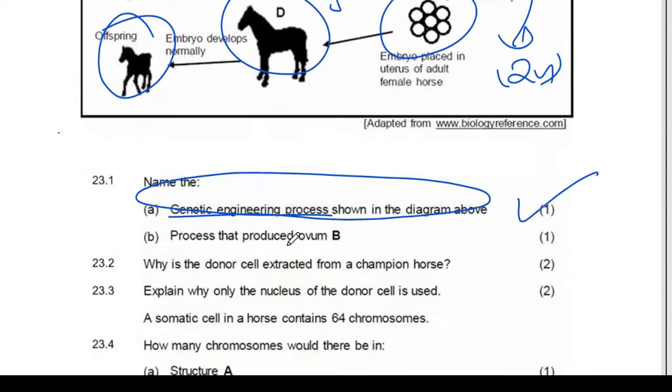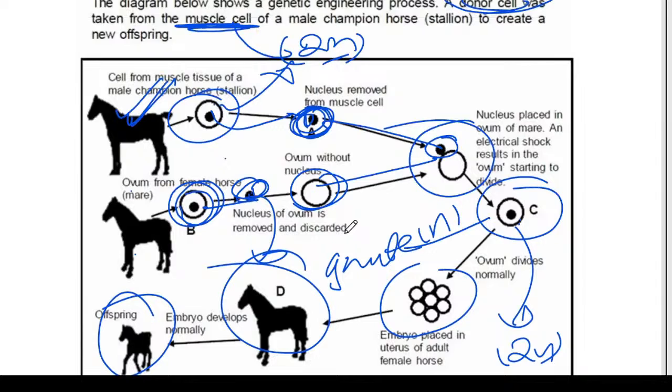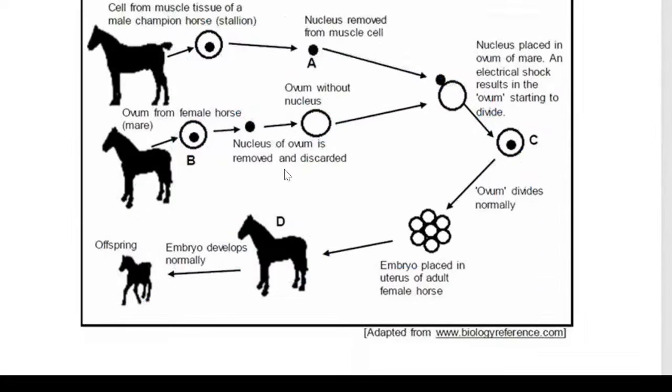The process that produced B. Where is B now? Let me first clear it up. The ovum from the horse. Who can tell me the process which resulted in the formation of B?